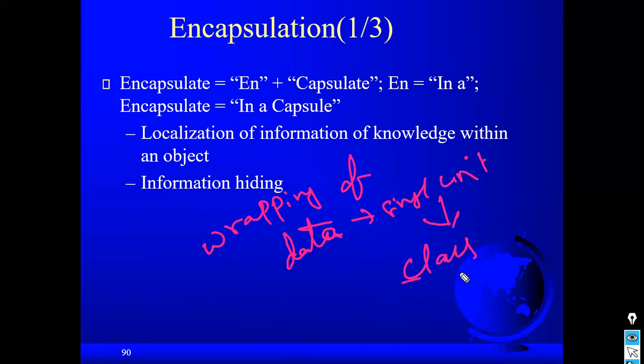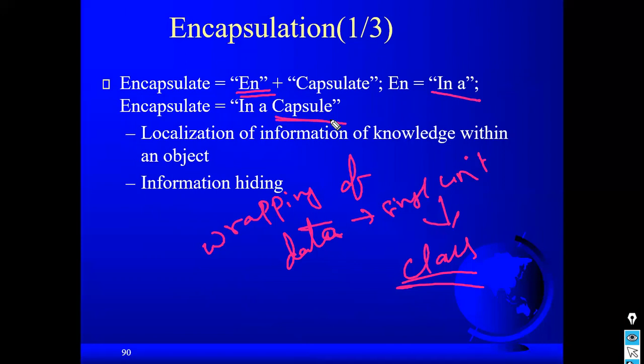That means whatever data we write in Java, we write only within the class block. If we look at the English word, en means in a capsule. So whatever data we are writing in a class, we are wrapping up into a single unit, and that unit is called a class.